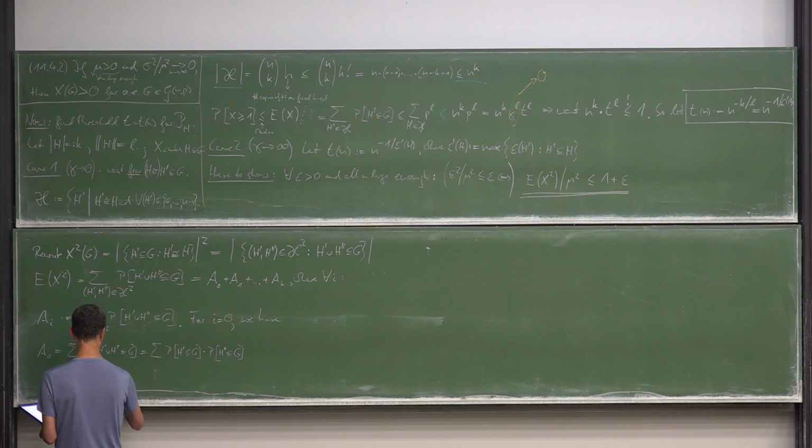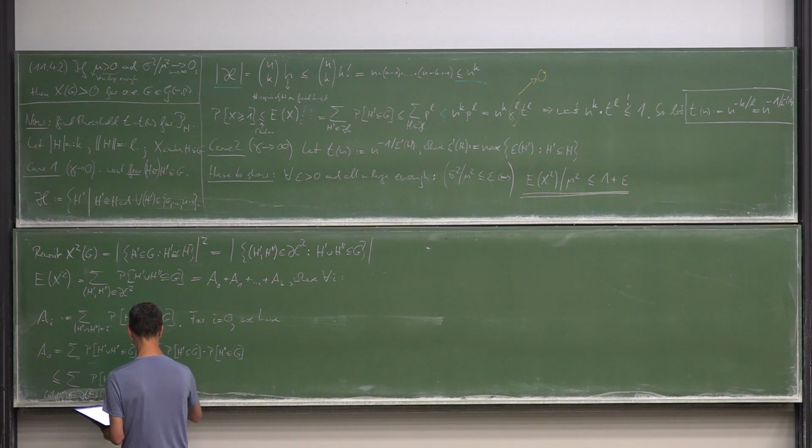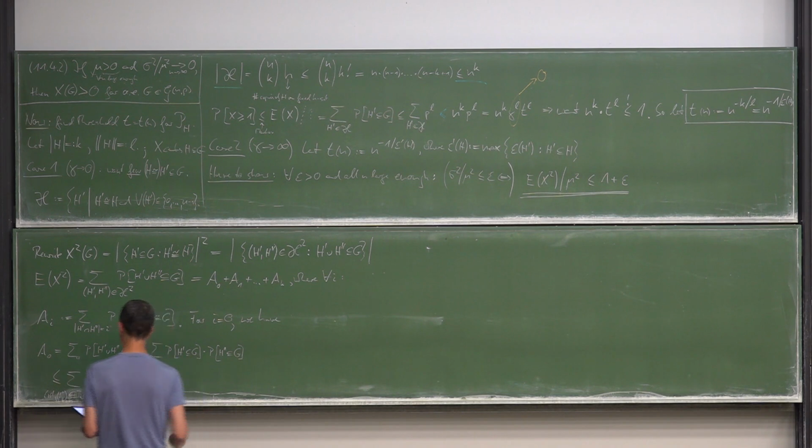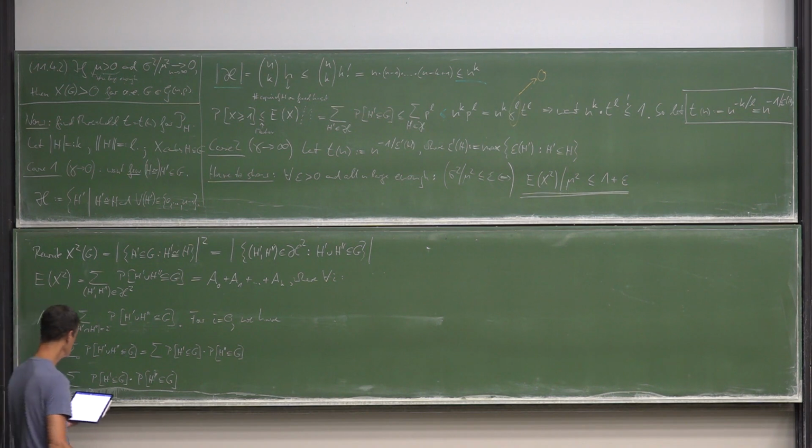P of H prime in G and P of H double prime in G, right? Previously we were assuming that we're talking about disjoint vertex sets. Now we're adding some nonsense, so we're certainly not going to be smaller, that's all I'm saying. We don't want to analyze what we're adding.